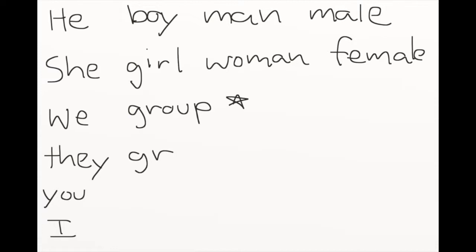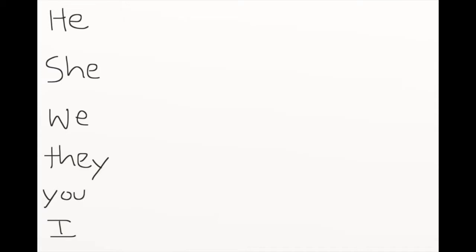Okay, so each of these pronouns has a possessive pronoun counterpart. Okay, now if you don't know what I'm saying, you will soon. The possessive for he is his. So that's when he has something. So let me use those in a sentence.